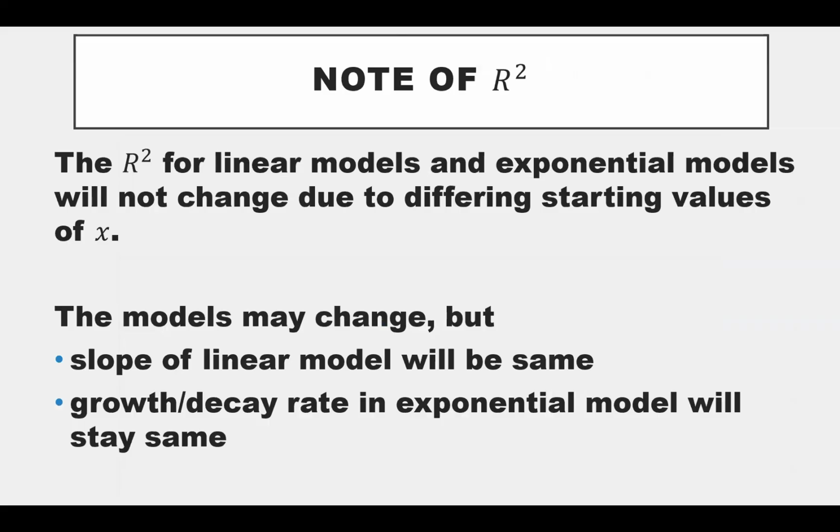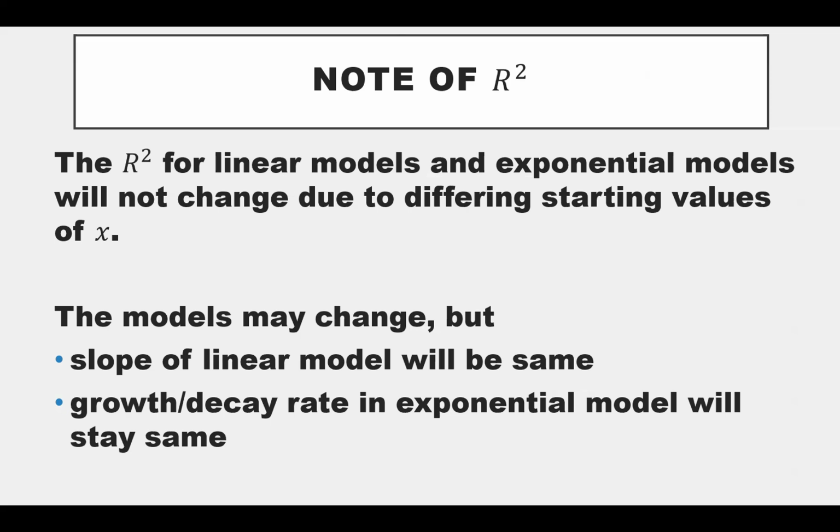Now, that only is the case for these logarithm models. The R squared for a linear model that we dealt with and the R squared for exponential models don't change if I differ the starting values of X. So in previous examples, we said, well, let's let X of 0 be the year 2009, or X of 0 be the year 1950.